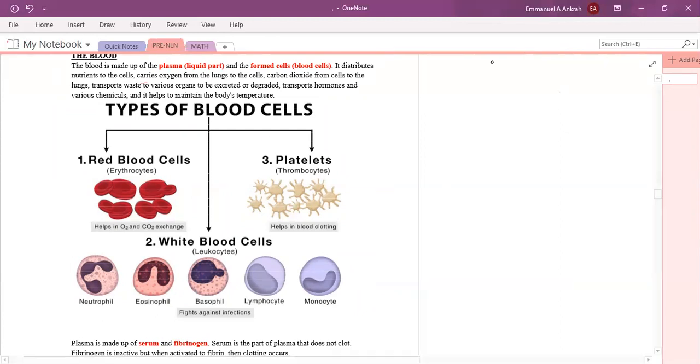But we want to look at the cardiovascular system. A quick overview of that.